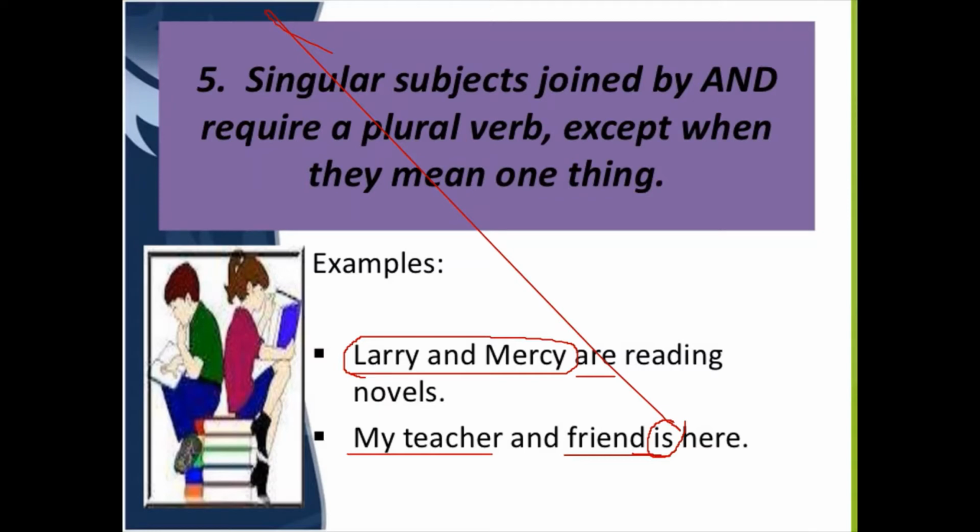It means she is not only my teacher, but she is also my friend. So that's why the verb used in this sentence is is. So when two subjects refer to only one thing or one person, that subject is regarded as singular. So that is for rule number 5.